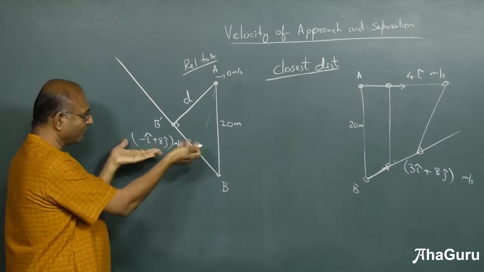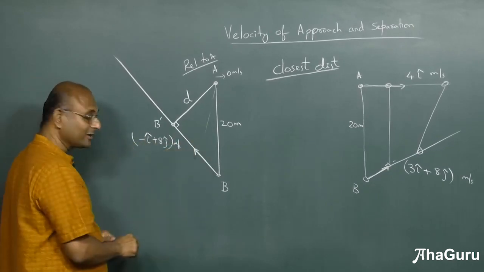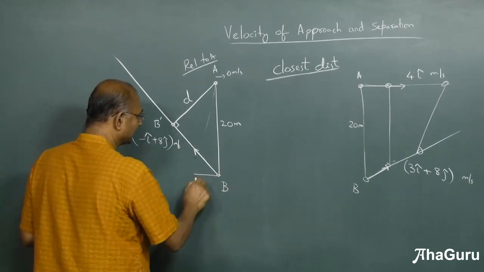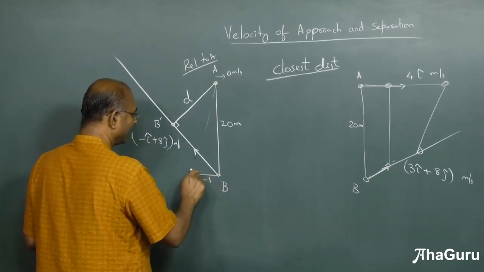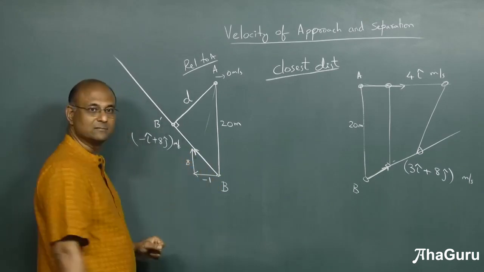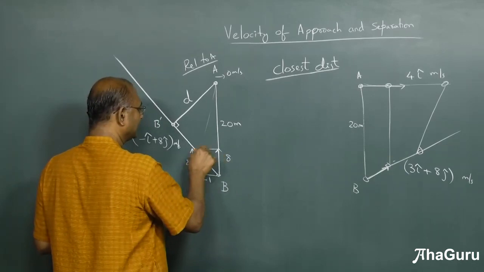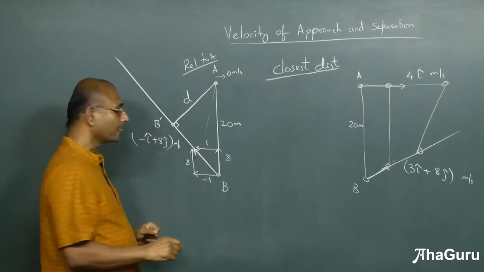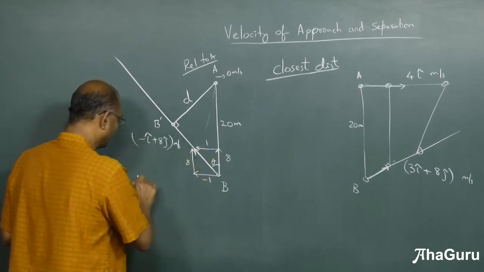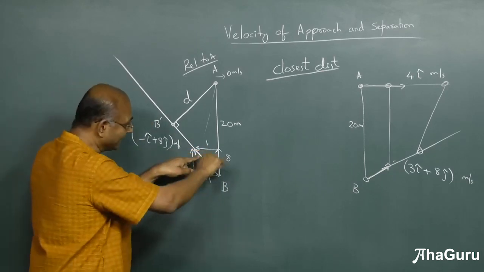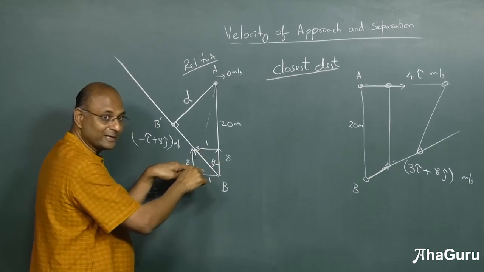Well, I've got this, that is 20, and the velocity is minus i plus 8j, which means this is minus 1 and this is 8. Or this is 8 and this is 1. So tan of theta, look at this angle. I have not called this theta, I am calling it theta.